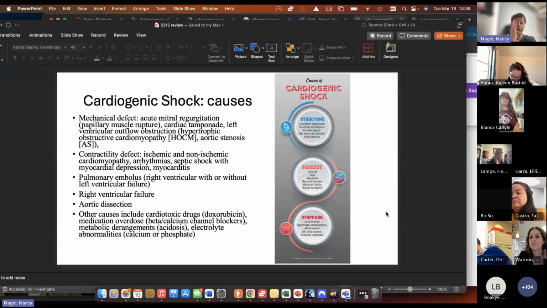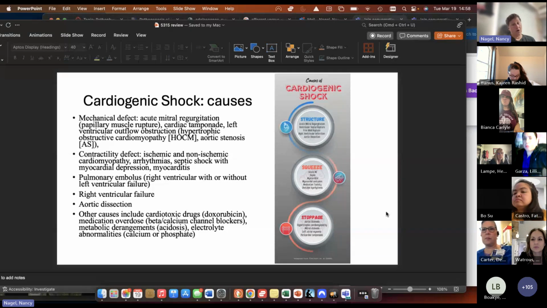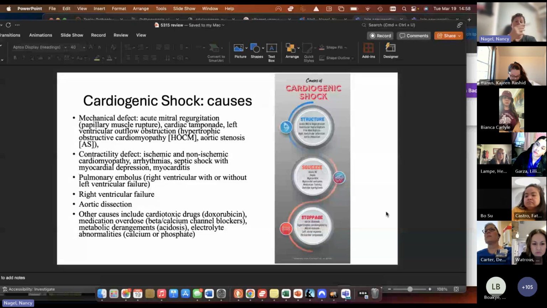So your ventricle just cannot push against it. So some of these are a flat out surgical repair. The aortic stenosis is surgical repair. The papillary muscle rupture, sometimes they can do a surgical repair.